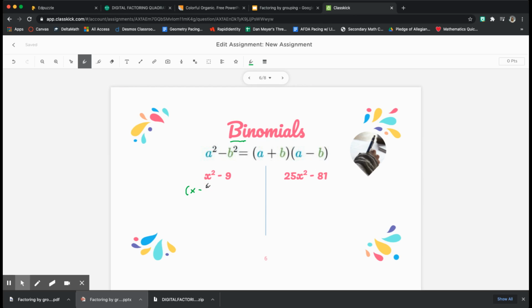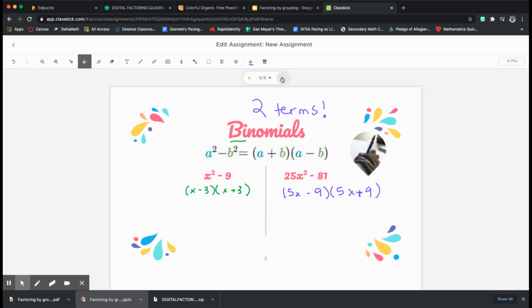So x minus 3, x plus 3, all right? The second here, 25x squared minus 81, I see perfect squares again. So this is a 5x minus 9 and a 5x plus 9. All right, so when we see 2 terms in a problem, our brain needs to think or ask, is it a difference of perfect squares?